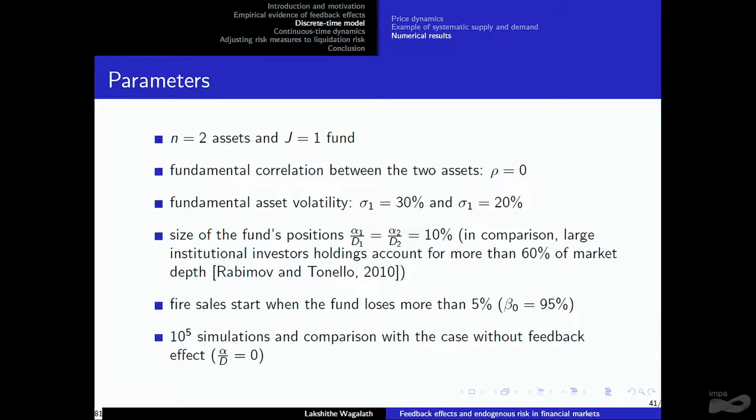So let's look at an example of a market where you have two assets and one fund. It's one big fund. And those two assets have a fundamental correlation equal to 0. So once again, that means that this matrix, capital sigma, the fundamental covariance matrix, is a diagonal matrix.